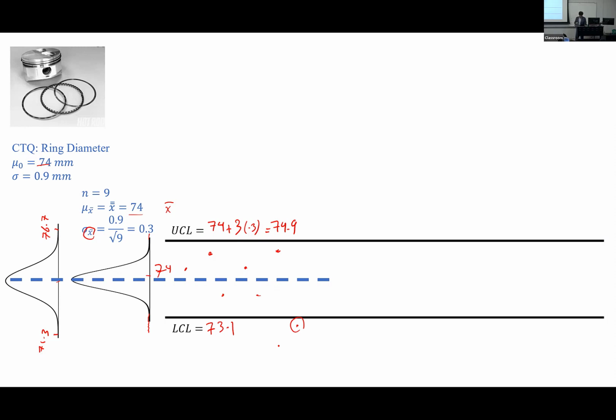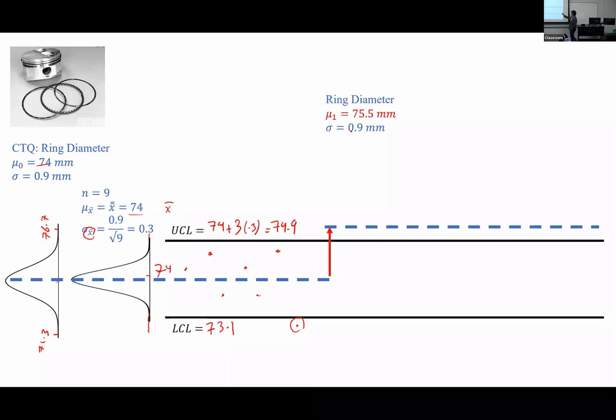But let's say at some point, for some reason, the mean of the actual parts has shifted, has increased. How do you think it can happen? So now, for example, mu naught has changed to mu1. Now it's 75.5. Same standard deviation, same distribution, but the mean is shifted, so they are all a little bit larger, right?